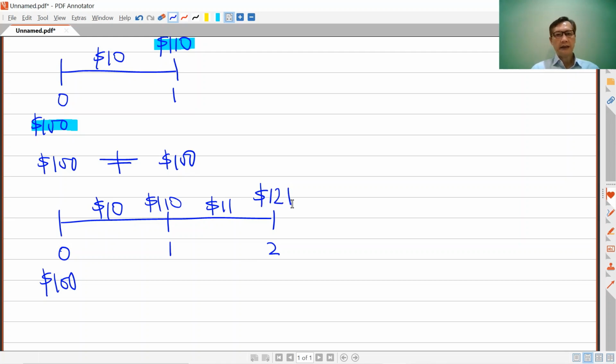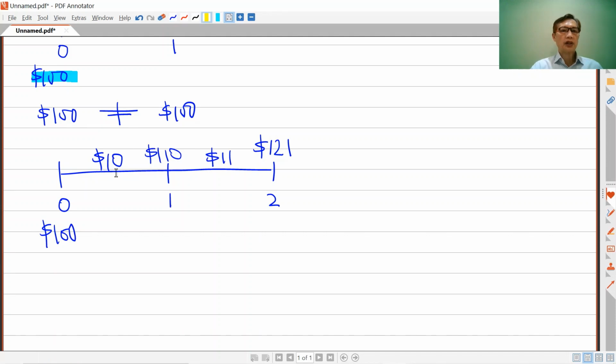That will be $121. So now the $100 will be the same as 110 in year 1. It will also be the same as 121 in 2 years' time. So all of these will have the same value if the interest given is 10%.